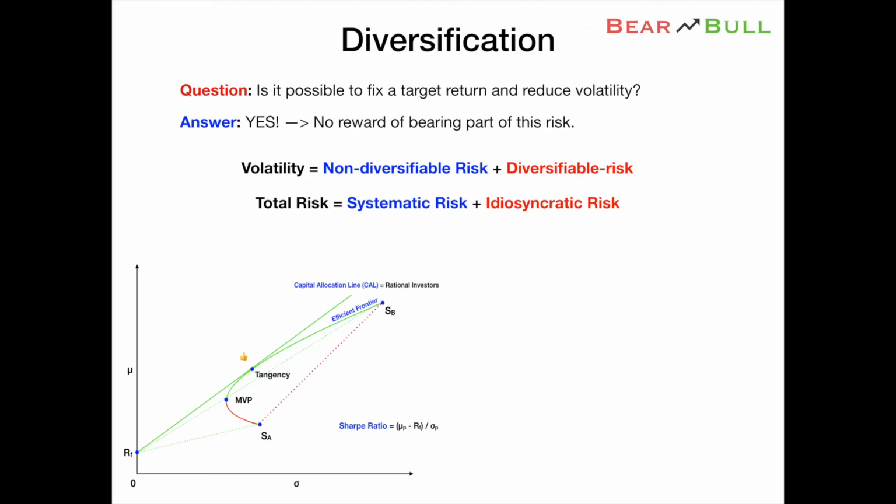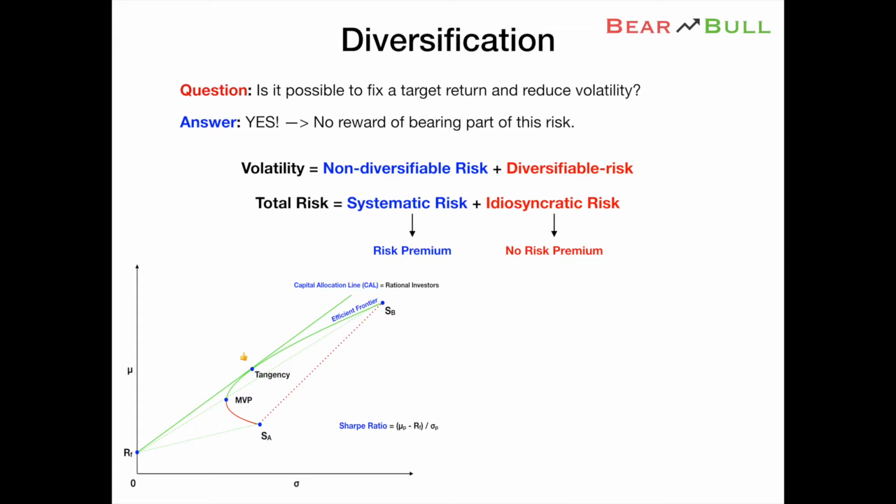Whereas the part that we can diversify is called idiosyncratic risk and relates to either firm or industry specific risk. There should always be a premium for bearing the risk that we cannot diversify, and there should not be any premium paid for risk that we can easily diversify.